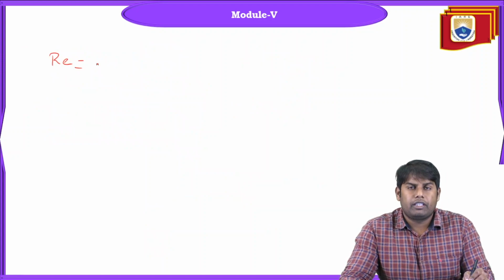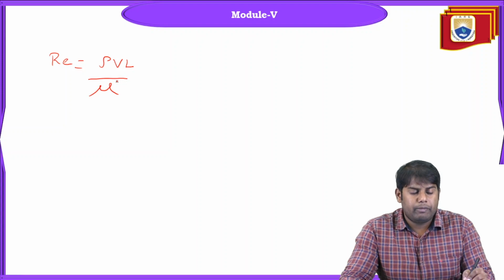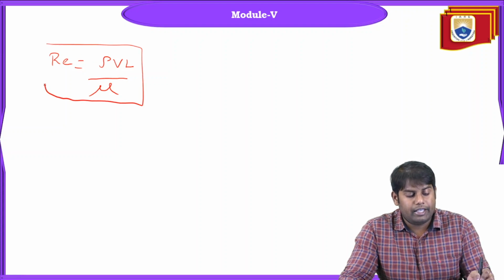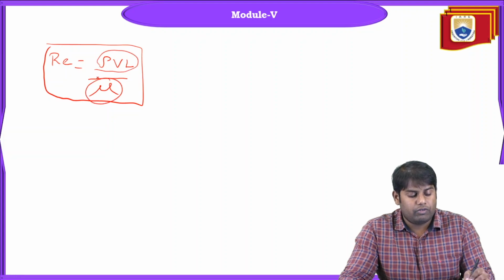The Reynolds number is nothing but rho v l by mu. It is a non-dimensional number which specifies the ratio of the inertial force to the viscous force.